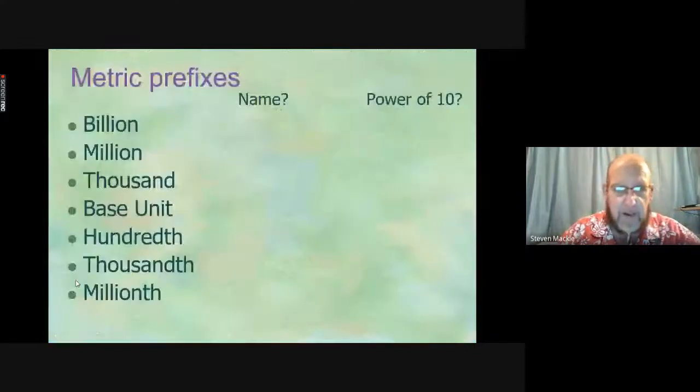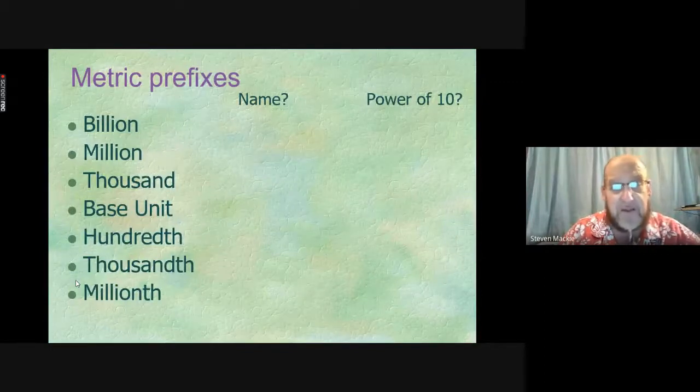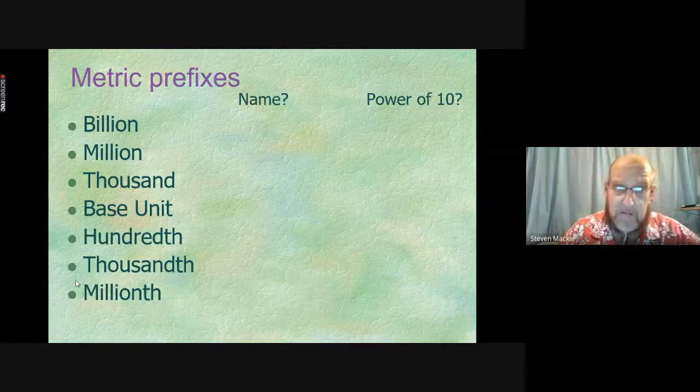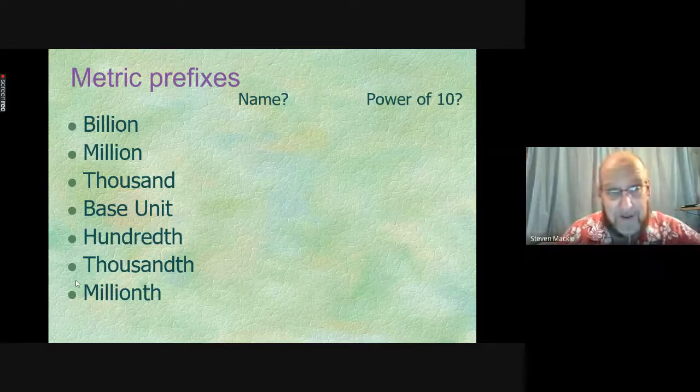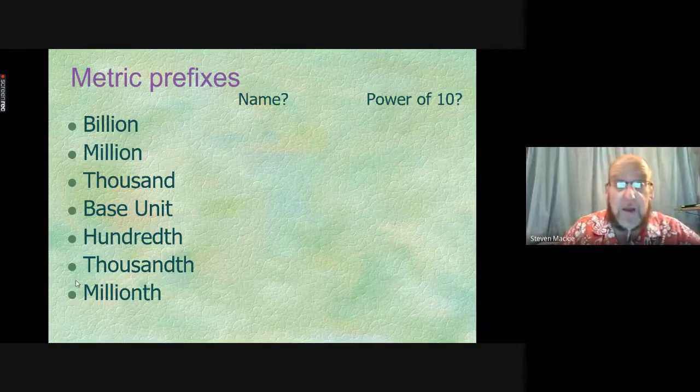Okay. So this is designed to remind me that you need to know what this means. Like billion, what is the metric prefix for billion? It's giga. And it is times 1 billion.